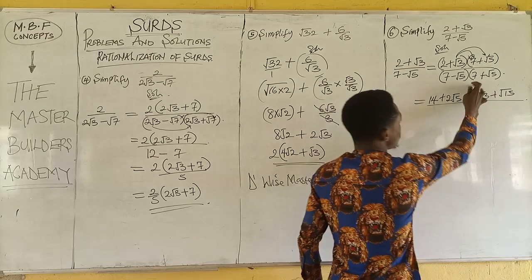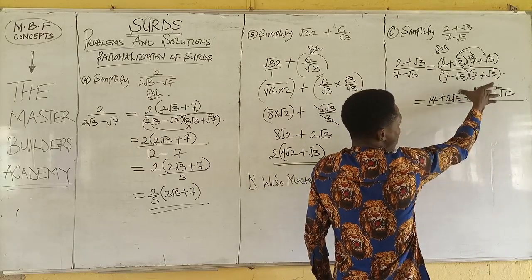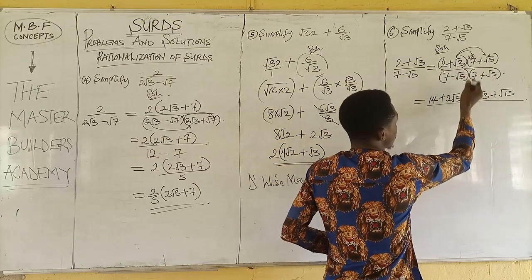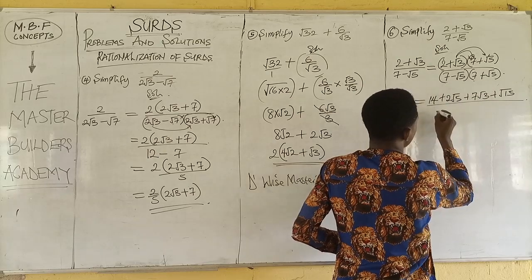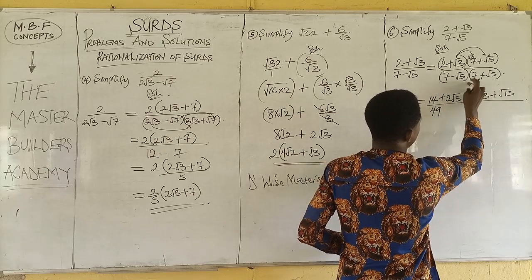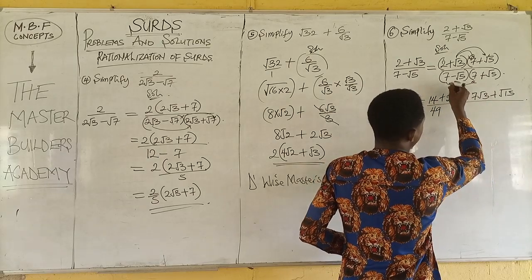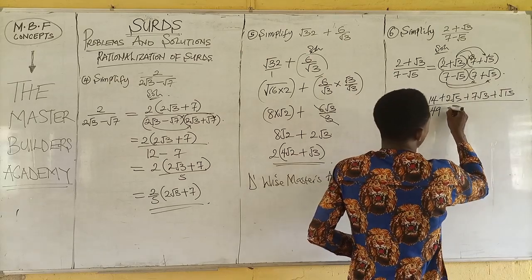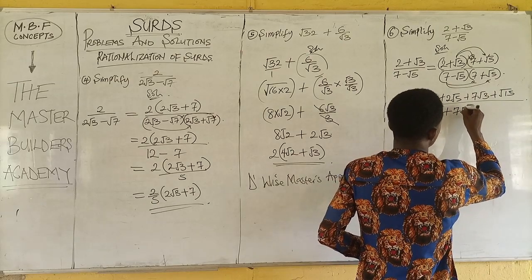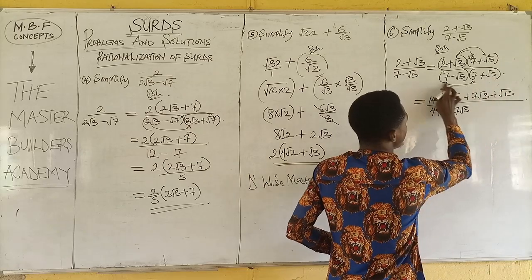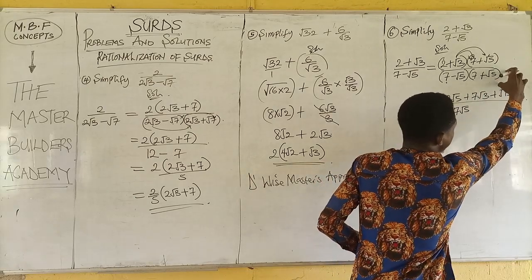All over. Now I want to do the same here. Let's do the same multiplication here. 7 times 7 will give us 49. First number times first number. This is what you do. Then 7 times this guy, we are going to have plus 7 root 5. We are done using the first number here to multiply everything in the second bracket.